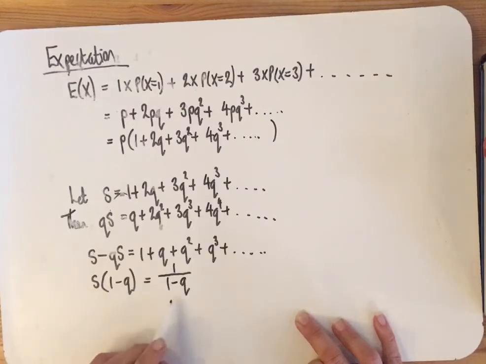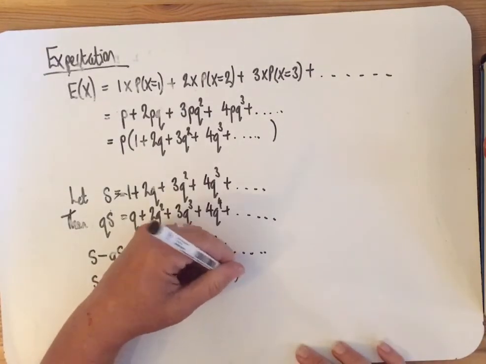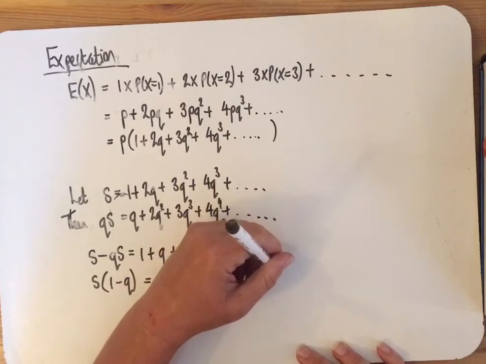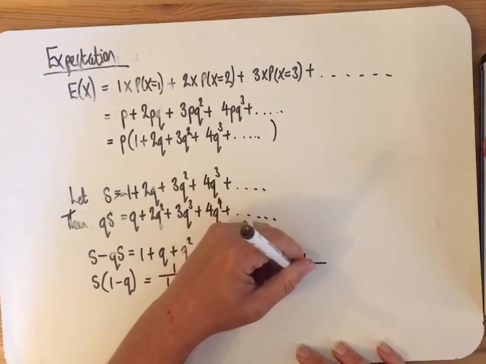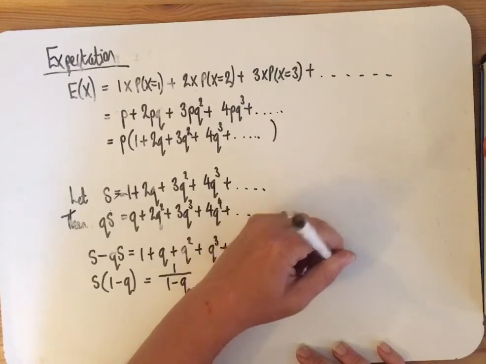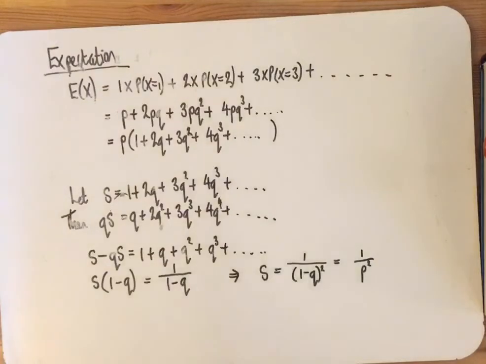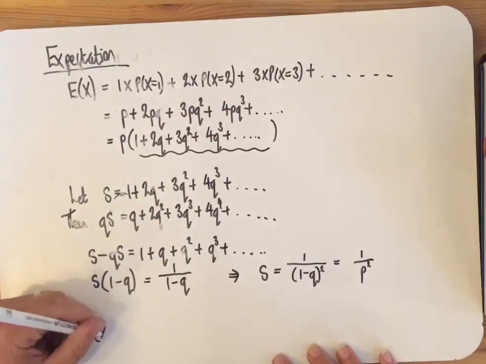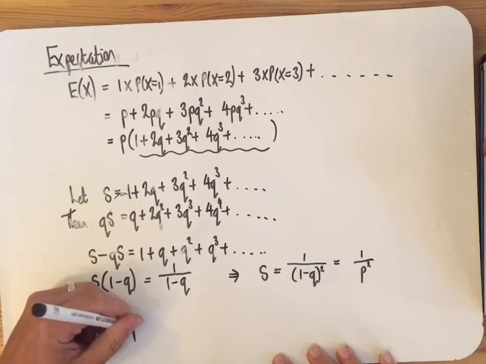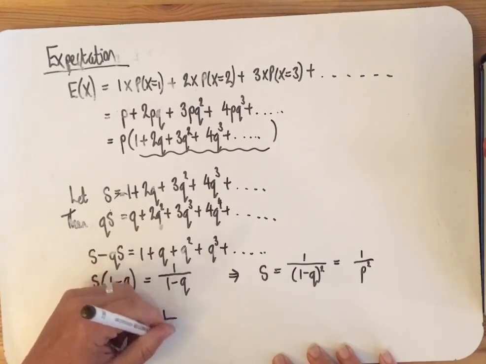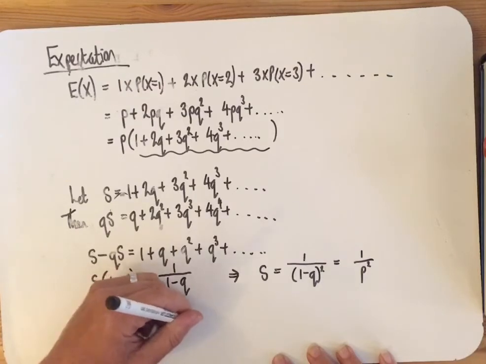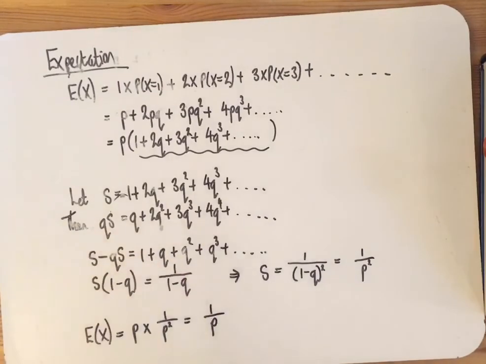And then if I divide by 1 minus q, S is equal to 1 over 1 minus q squared. 1 minus q is p, so that whole expression is equal to 1 over p squared. S is this expression here, and so the expectation of X is equal to p times 1 over p squared, which gives you 1 over p.